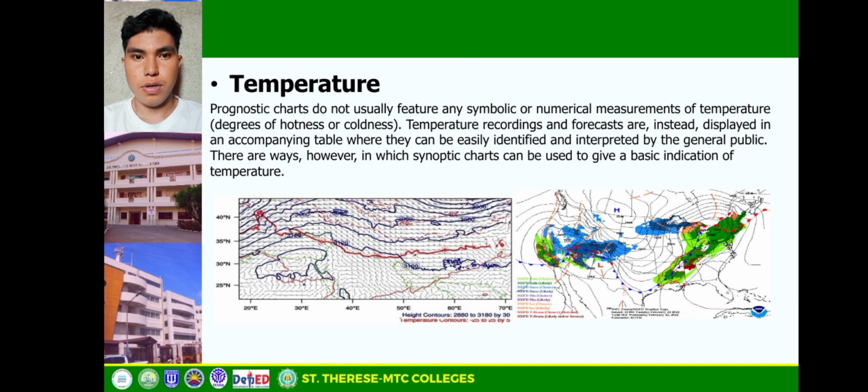There are ways, however, in which a synoptic chart can be used to give a basic identification of temperature. A cold front, for example, brings cold temperatures since it involves cold air forcing warm air upwards. A wind coming from the ocean onto the land will also bring cooler temperatures. It has been proven that a wind coming from the tropical area of northern Australia is likely to bring warmer temperatures.